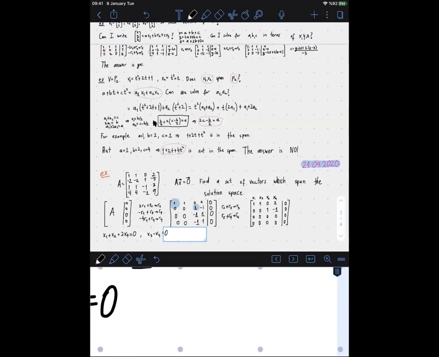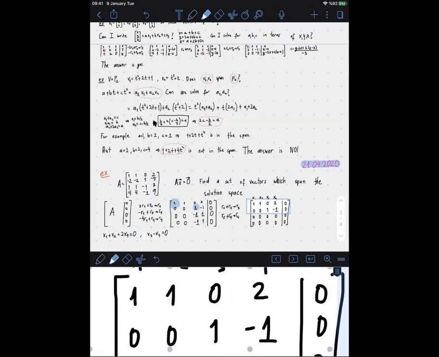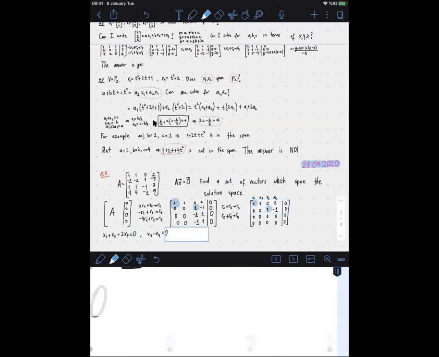So you see we have only 2 leading ones. We have leading ones here and here, so x1 and x3 have leading ones, but x2 and x4 do not have leading ones. So we will call x2 and x4 free variables.